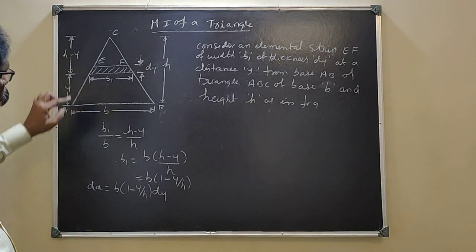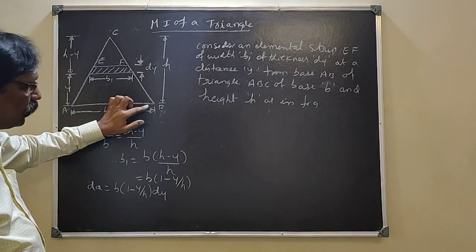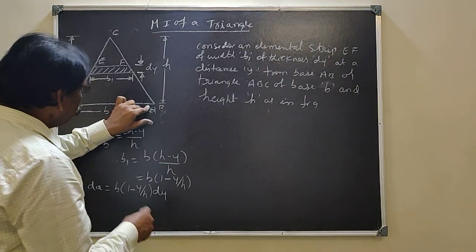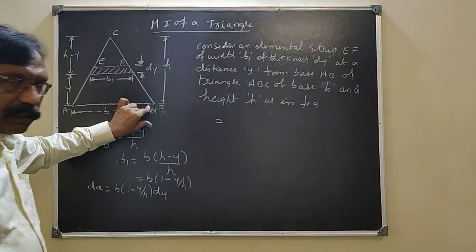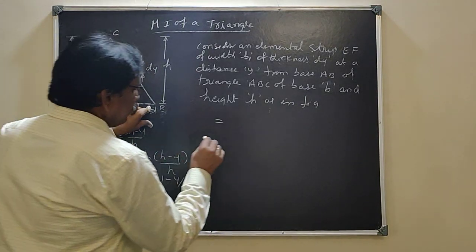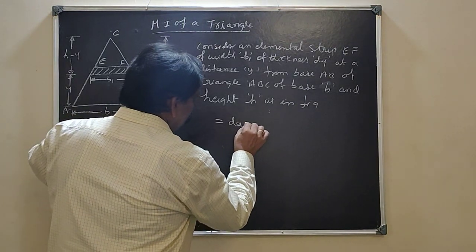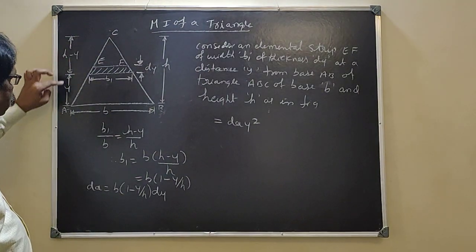Now you will take the moment of inertia of this elemental area about the base AB. So the moment of this elemental area about the base is equal to area multiplied by square of the distance, that is dA into y square, because dA is the area and it is at a distance y.